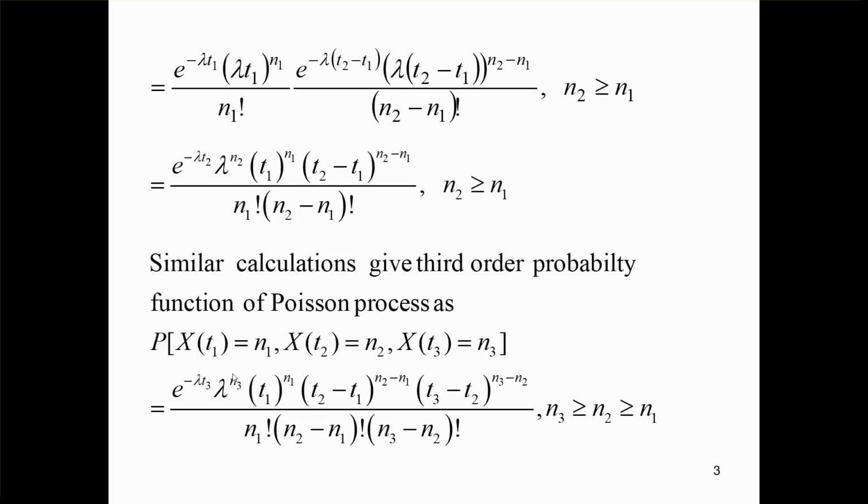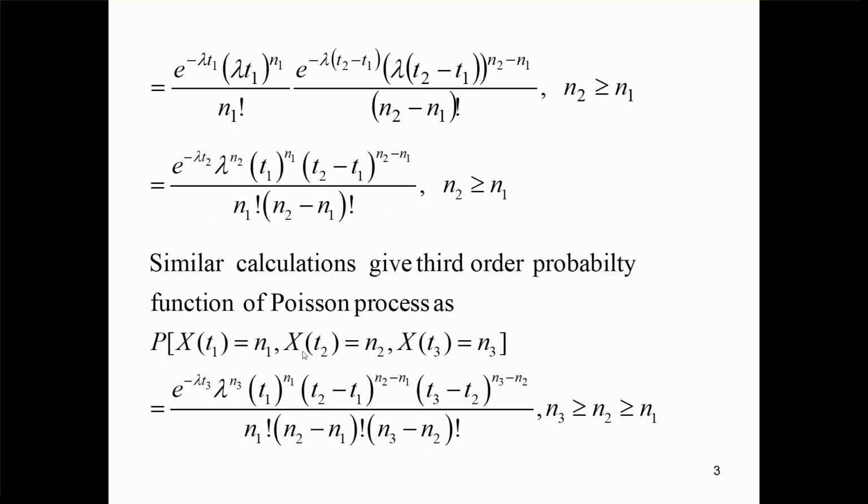This was N2, so it will be N3, and similarly this will be T1 power N1, T2 minus T1 raised power N2 minus N1, into a similar term for the third, T3 minus T2 raised power N3 minus N2, and divided by N3 minus N2 factorial here, right? So this will be your third order probability function.